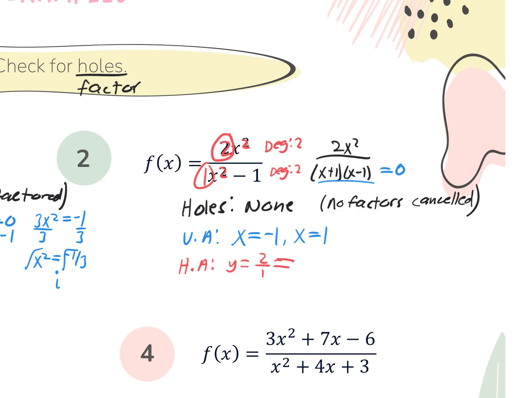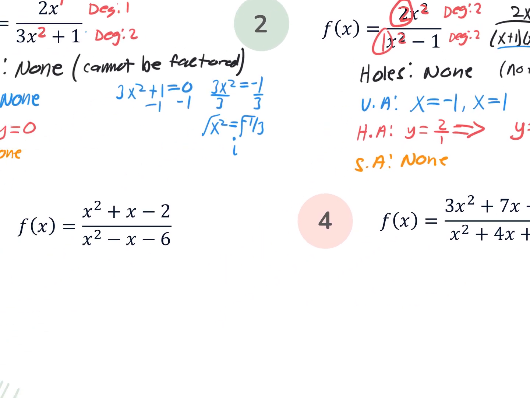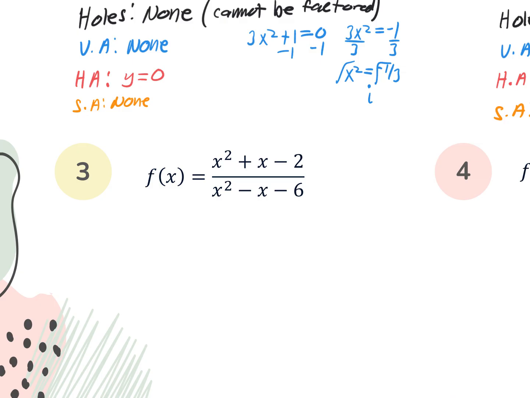So this is going to get us a horizontal asymptote of y equals 2. So there's our horizontal asymptote. If you have a horizontal asymptote, you don't have a slant. Excellent.